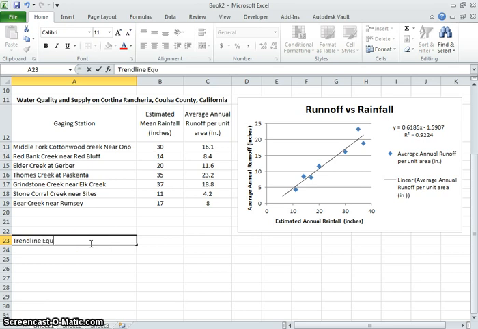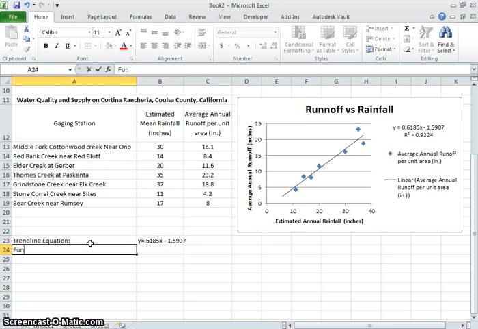Trendline equation. On the original one, y is equal to 0.6185x minus 1.5907.